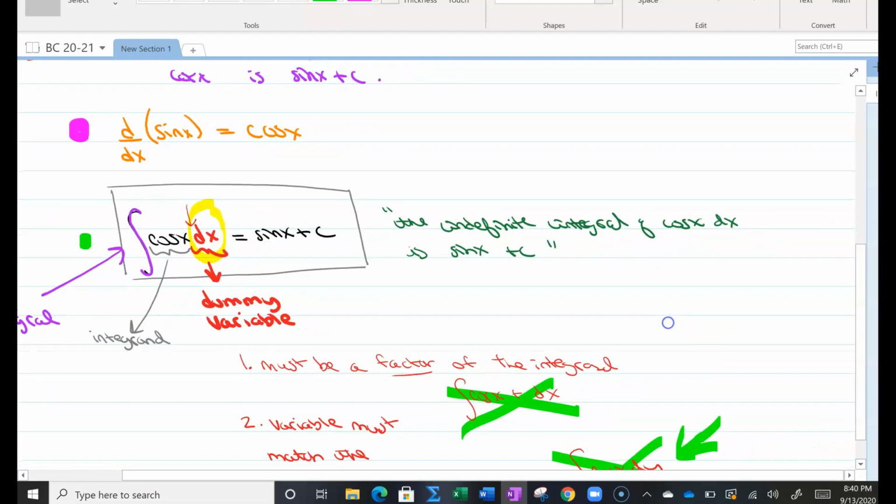Notice something. When you read an indefinite integral, or when I call on you and ask, Prayag, what does number 5 say? Yes, you do say the dx. That's how you say it: the indefinite integral of cos x dx.